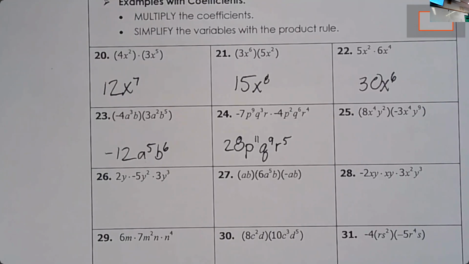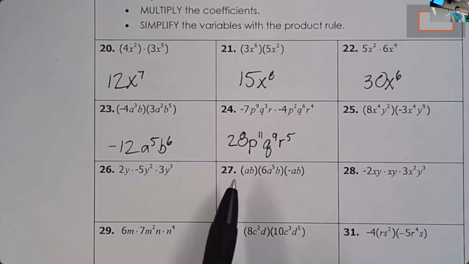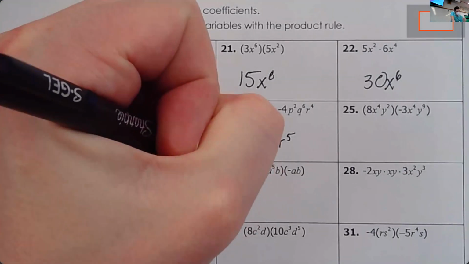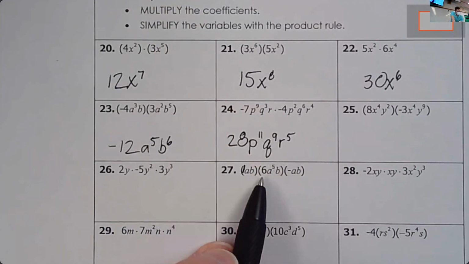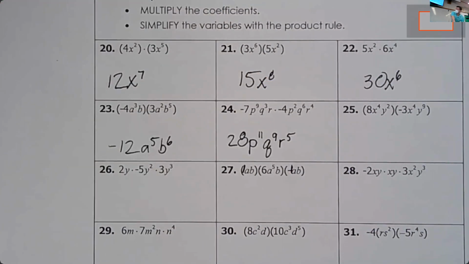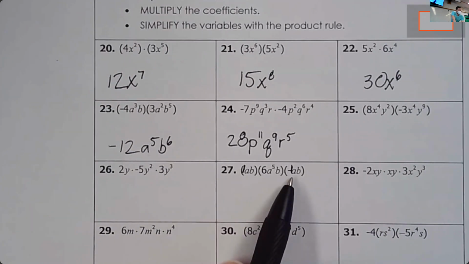So for number 27, I've had about 4 questions already on number 27. To help you get started on that one, the coefficient for this first set of parentheses, the number would be a 1. And this number in the middle obviously is a 6. And this one over here would be a -1. So for your regular numbers, you can do 1 times 6 times -1. And then you can work with the variables after that.